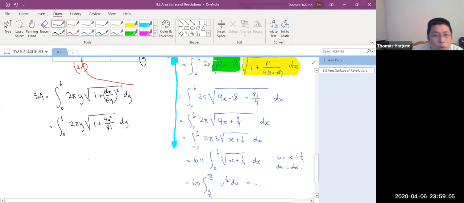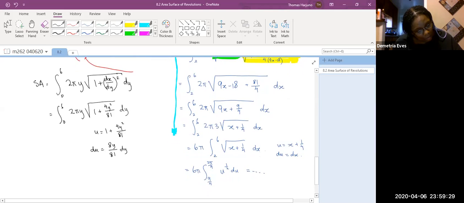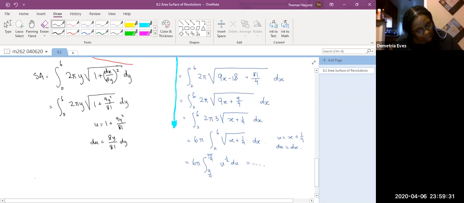And then I will do substitution. Let u equal 1 plus 4y squared over 81. Then my du will be 8y over 81 dy.